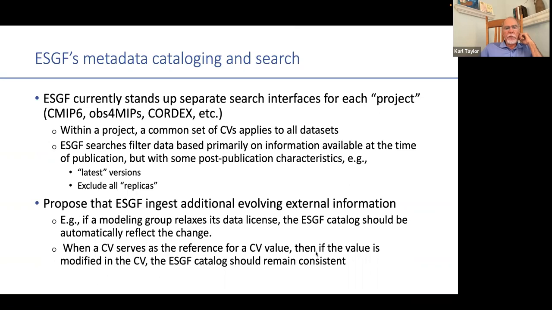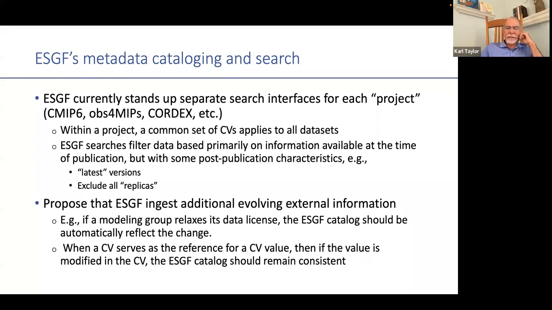And it would be useful to be able to also change some of the metadata that we put into the catalog at the time of publication after it is published. So what I'm thinking of is, again, we had in the catalog what the license is.